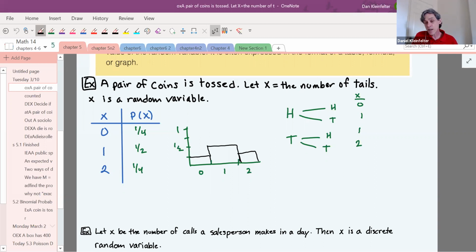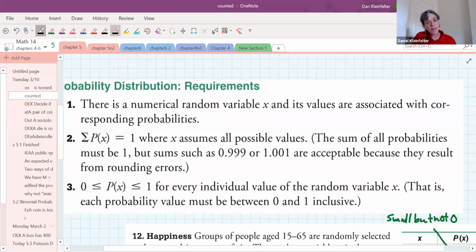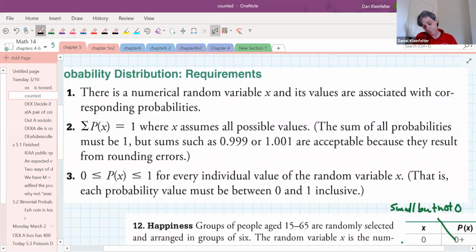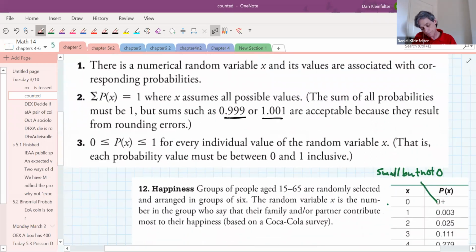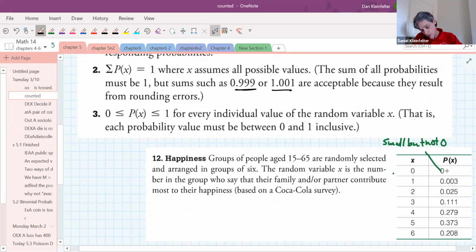Since you're going to get one of those for sure, it's definite or certain, and so it has probability 1. And then, as you know, 1/4 plus 1/2 plus 1/4 is equal to 1, right? That's what this is saying: all of the probabilities in the distribution have to add up to 1. You might get values that are near 1 just because the data values in our table were rounded a little bit.